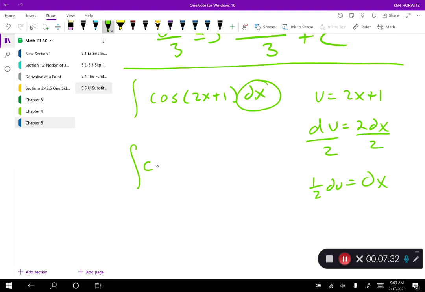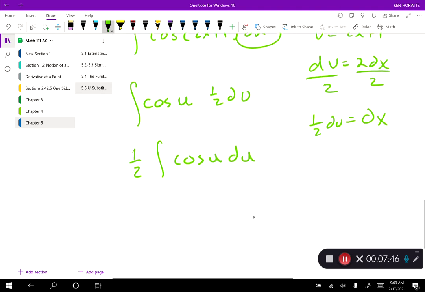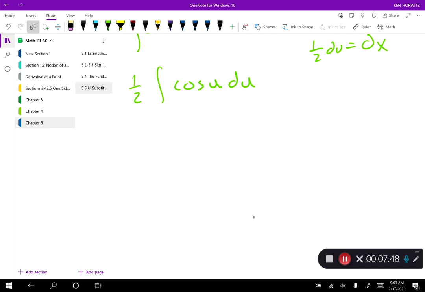Now I'm going to make my substitution. I have the integral of cosine u times 1/2 du. Now the 1/2 is a constant, so I can pull it out. And now I need to integrate cosine. So the question you need to ask yourself is, what function has a derivative of cosine?